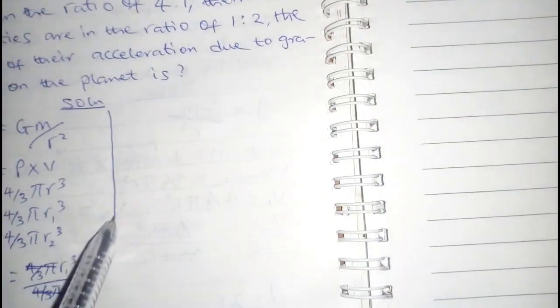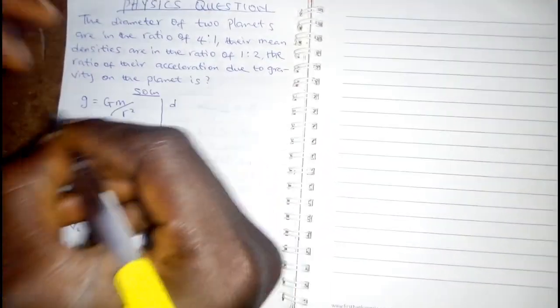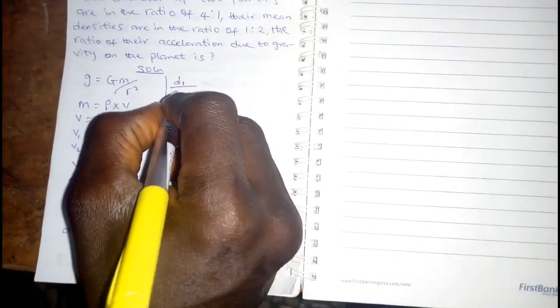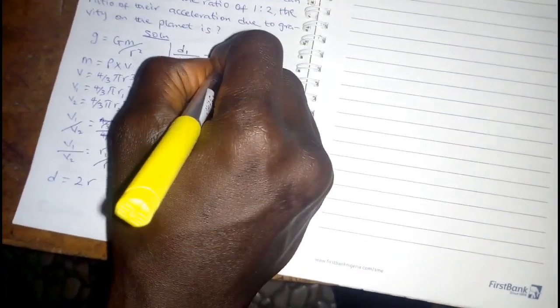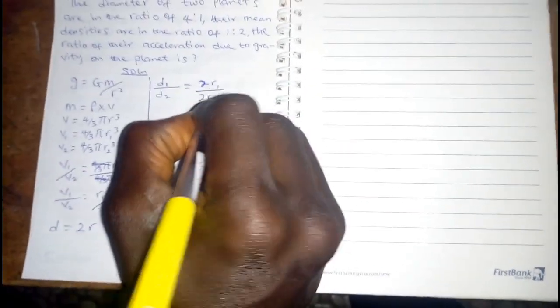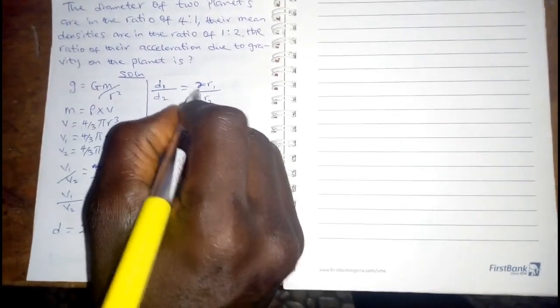So the diameter of the first planet over the diameter of the second planet is equal to 2 times the radius of the first planet all over 2 times the radius of the second planet, where 2 cancels 2.